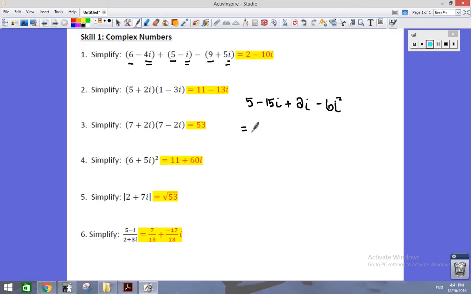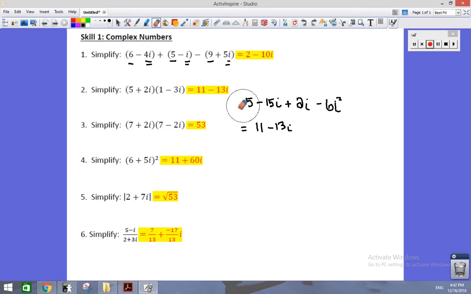Now, we do have to remember that i squared is negative 1, so the negative and the negative make that a positive 6, so I've got 11 minus 13i, because negative 15i and 2i. So however you choose to multiply binomials, whether it's in a table, writing FOIL, or some other organized method of applying the distributive property, just make sure that you get 11 minus 13i.